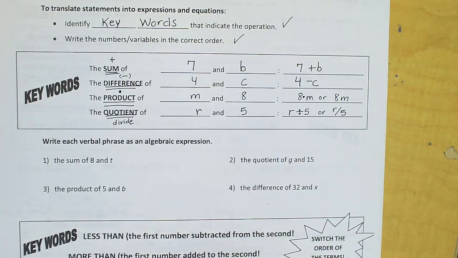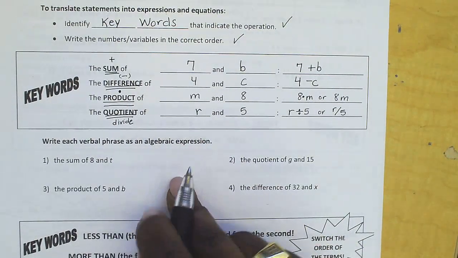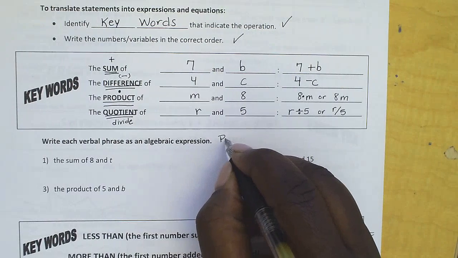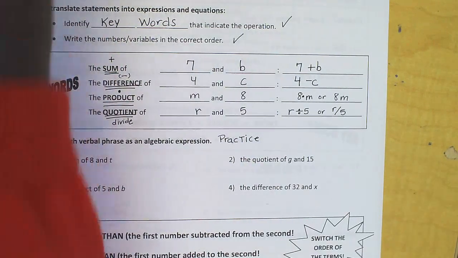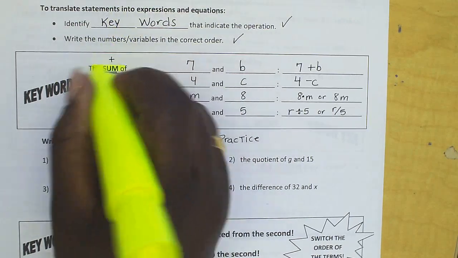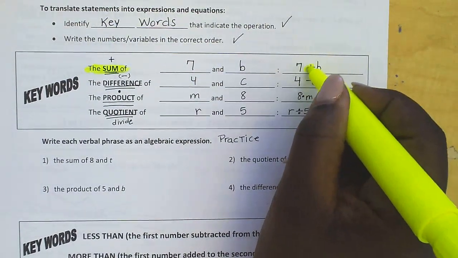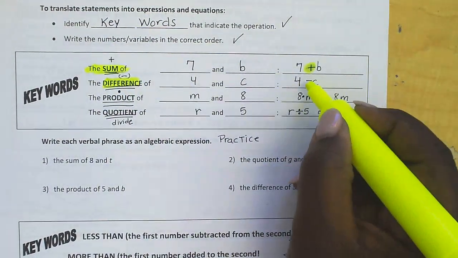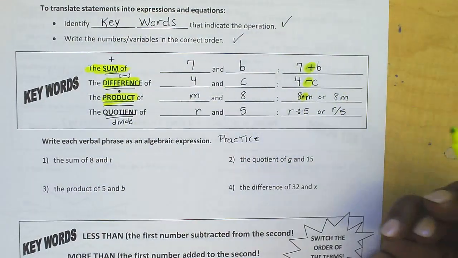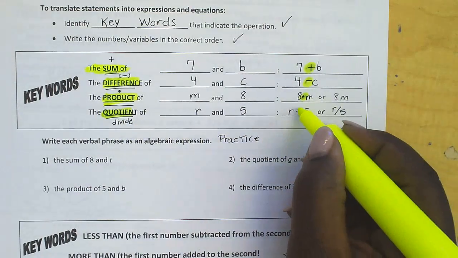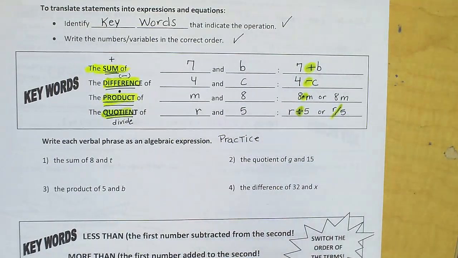So now what we're going to do, we're going to pause. I want you to pause your video, and I want you to practice here using the words that we did above. The words are sum, that means to add, difference, that's subtraction, product, that means to multiply, and quotient, that means to divide, which is the slash.